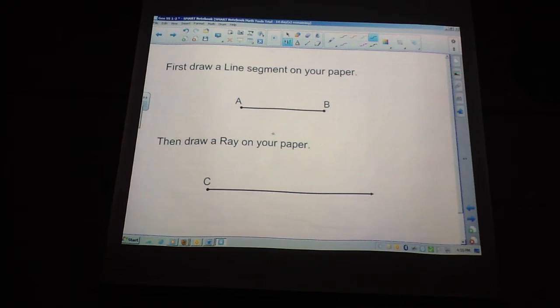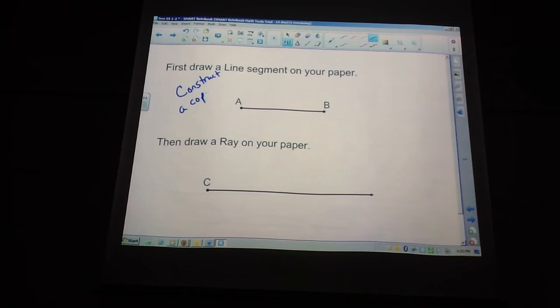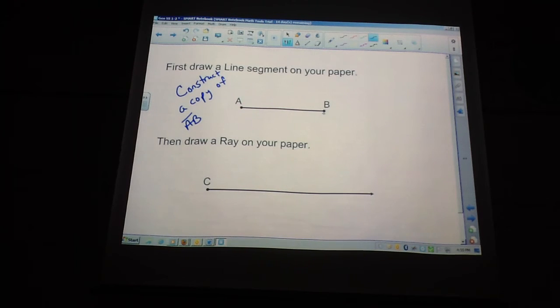And here's our first construction. What this construction is, we're going to construct a copy of segment AB. So we need a segment AB to start with.